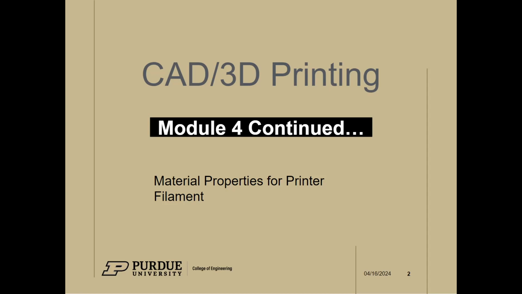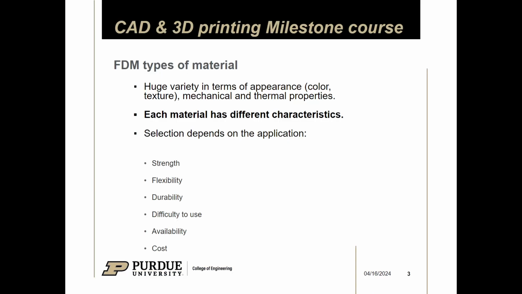So yeah, module 4 continued. So again, we're going to talk about mostly materials today. There's a very large variety of materials that you can use in FDM 3D printing. And this is largely because it gets to piggyback off of the injection molding industry and most thermoplastics in industry.